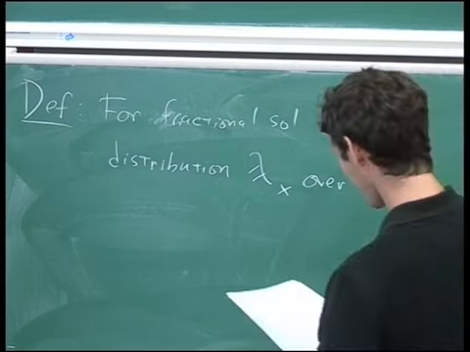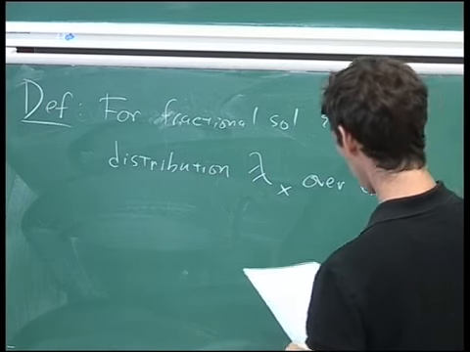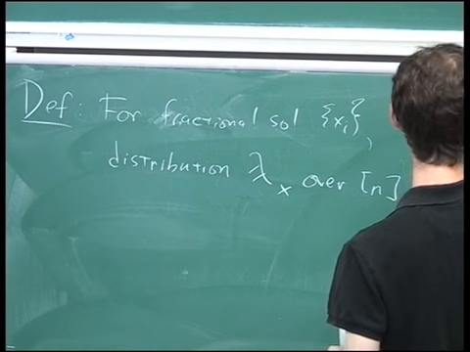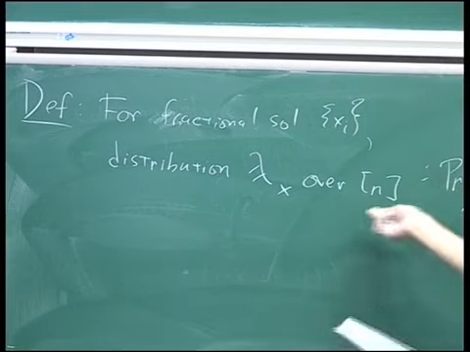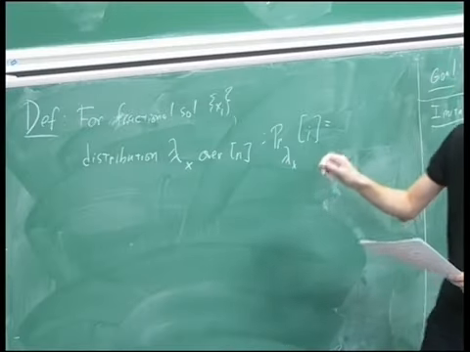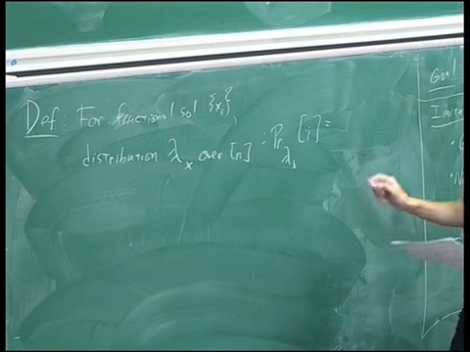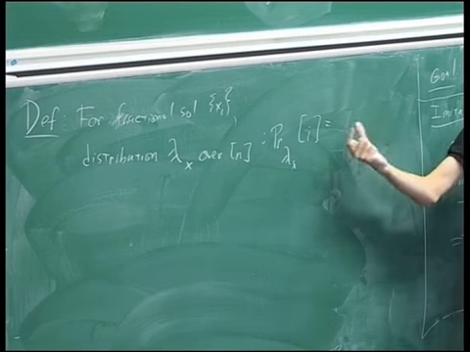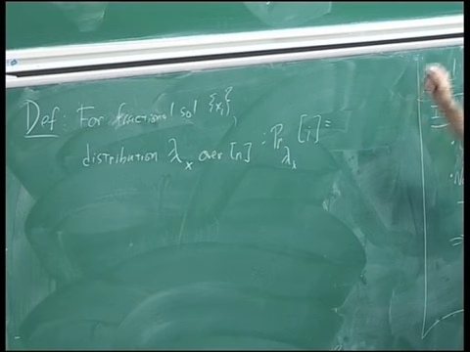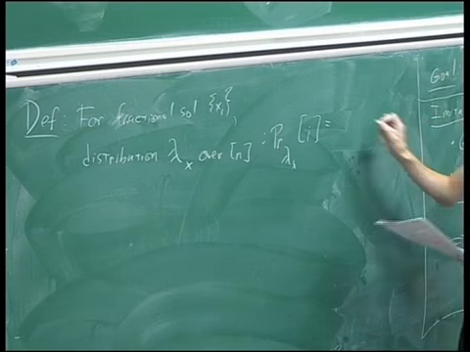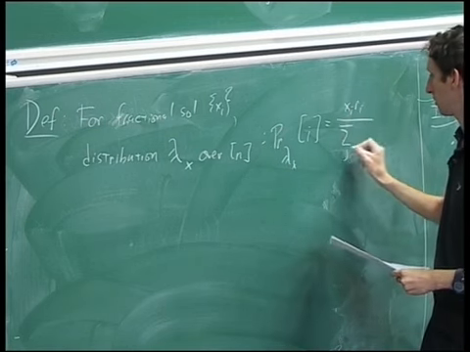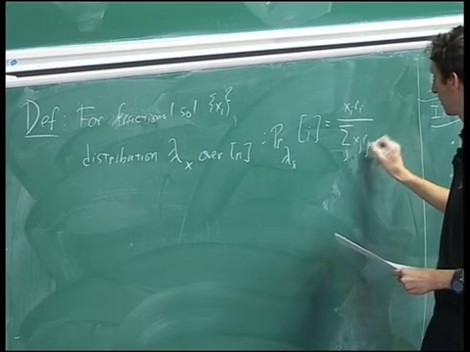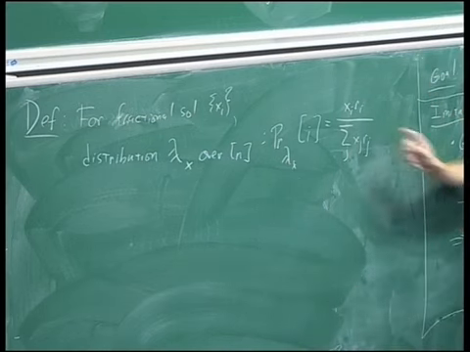Okay. So the distribution is just defined as follows. The probability over this distribution of choosing index i from 1 to n is just going to be its share of the contribution to the objective function. So if the objective function is the summation of xi ri, then it's going to be xi ri over the total value of the objective function.